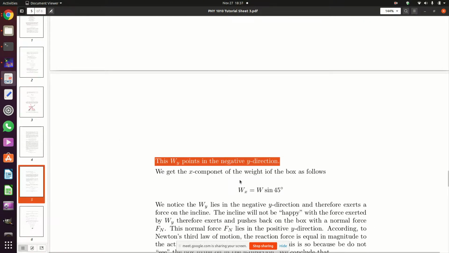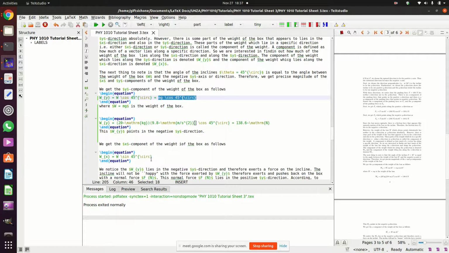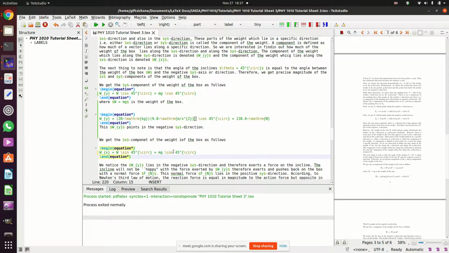We find the x component of the weight. Similarly, we're going to have these bits, but now we're going to have sine.